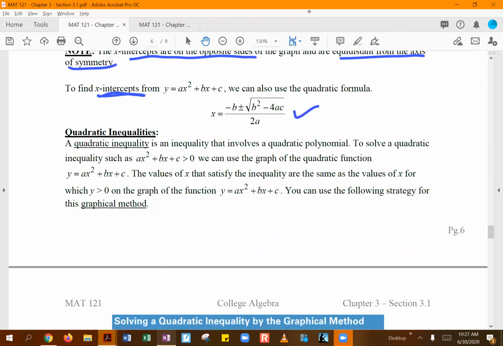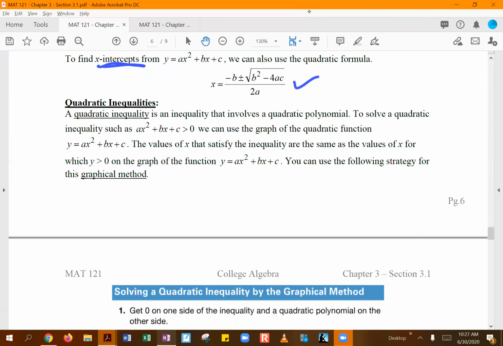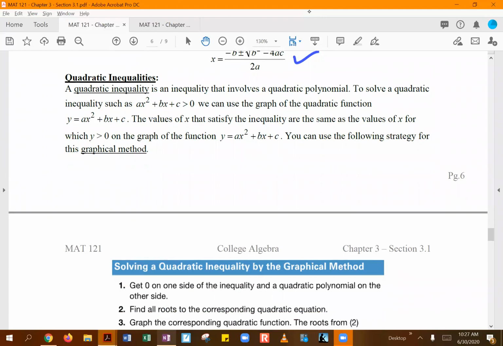Now, we can also use the graphs to help us solve quadratic inequalities, which is kind of what we looked at in the previous chapter. So they are saying for quadratic inequalities, you can solve the quadratic inequality, which would be basically of this form, ax squared plus bx plus c.